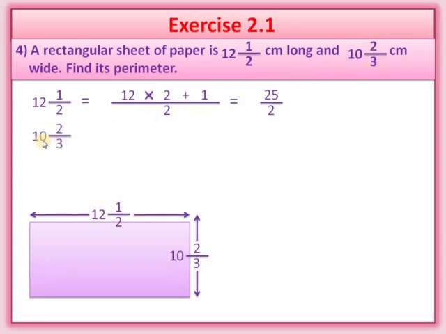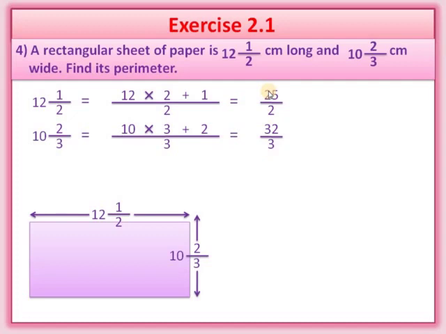What we have to do, 10 multiplied by 3, 10 times 3 is 30 plus 2, it means 32/3. Okay, you can see 10 multiplied by 3 plus 2 over 3 is equal to 32/3.